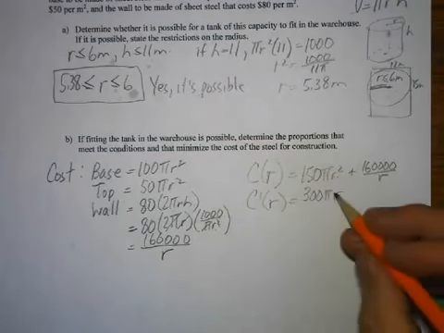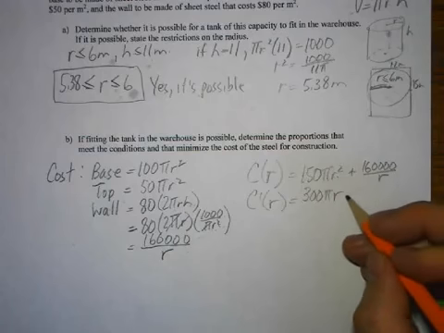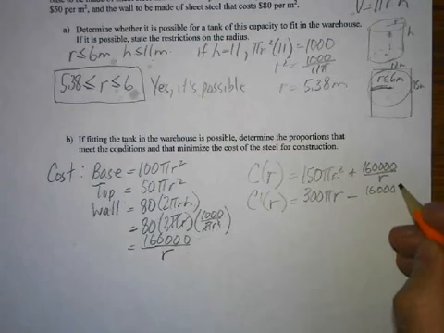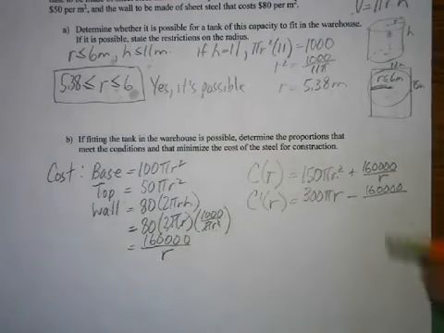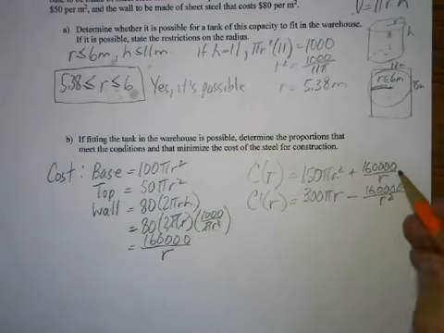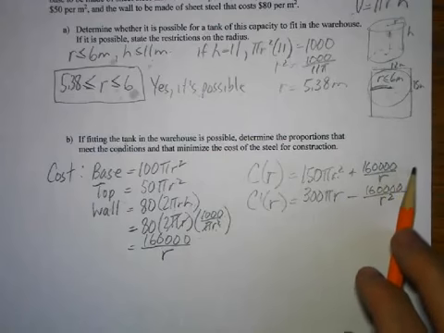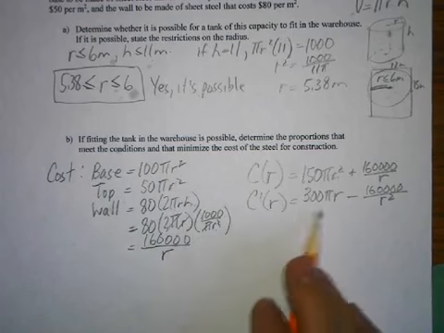And then this one here becomes minus 160,000 over r squared, because you would just treat this as 160,000 r to the negative 1, and that would be the derivative of that term. So there's our derivative, so we set this to 0.